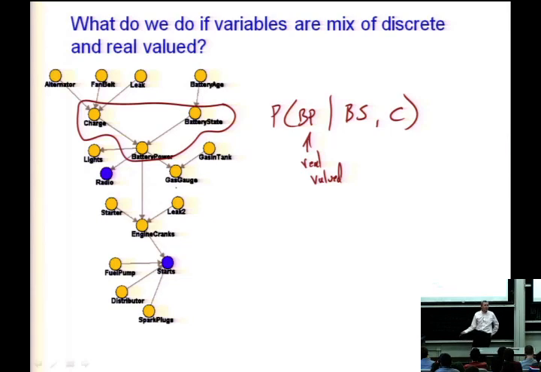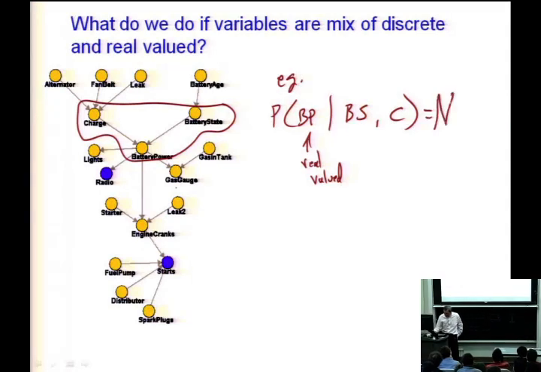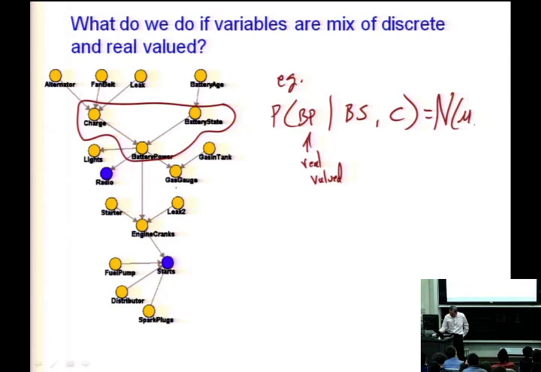And there are a lot of distributions to choose from. One we've already talked about is the Gaussian distribution. We could make this a Gaussian distribution, for example. We could say that this is just a normal distribution with some mu which is conditioned on the parents and some sigma which might also be conditioned on the parents.